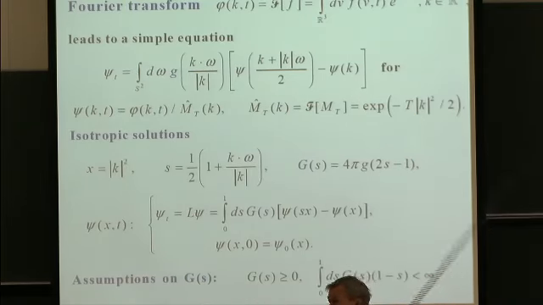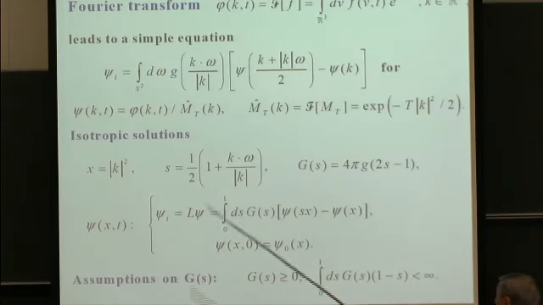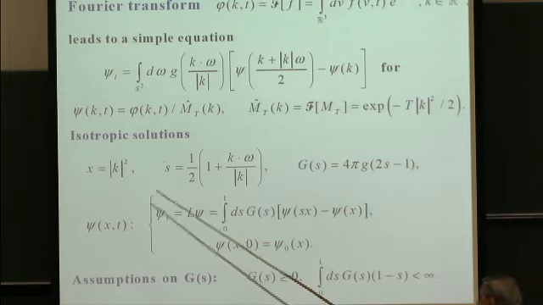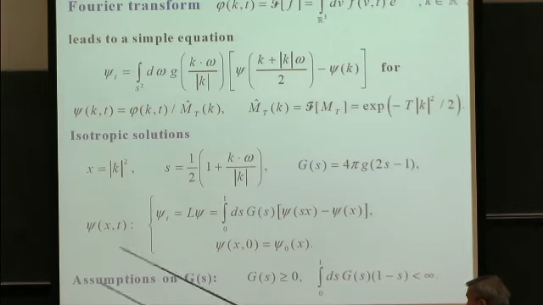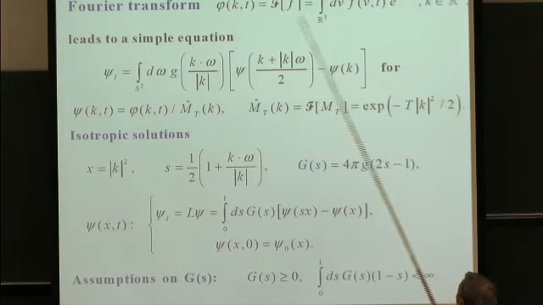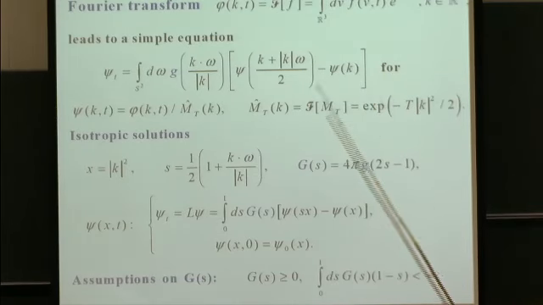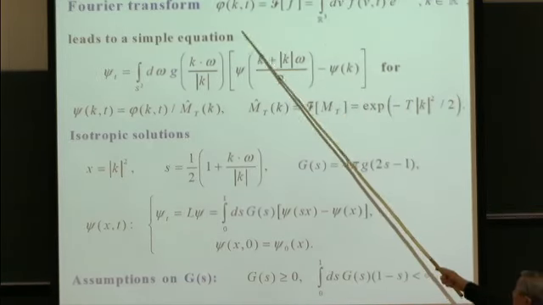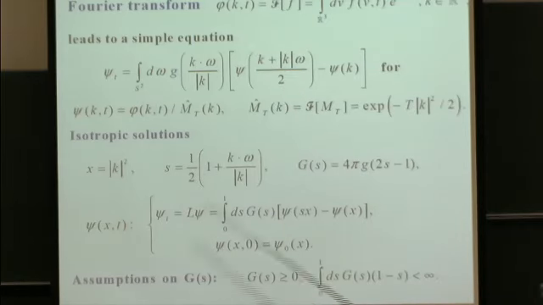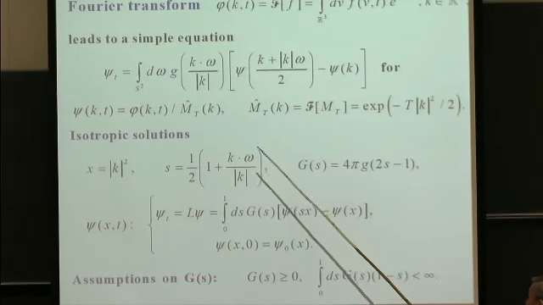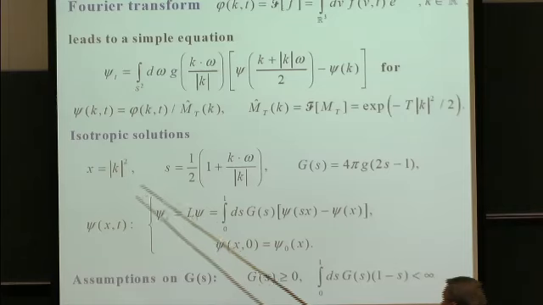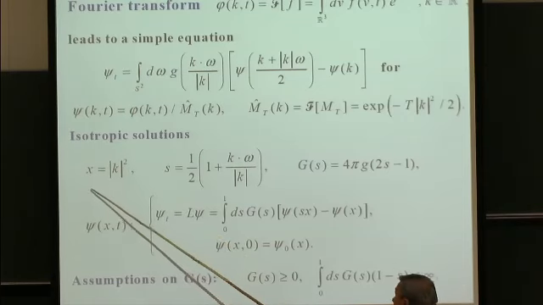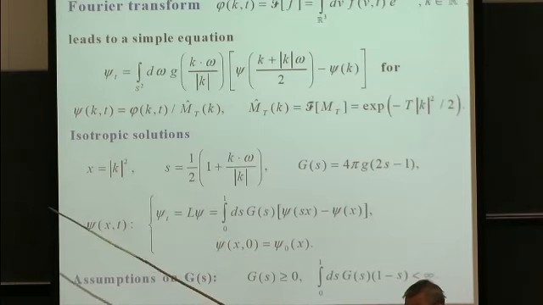Moreover, I will not need a general solution. It is possible to easily construct a general solution, but I will need just isotropic solutions of this equation. Isotropic means that my function f depends only on modulus v, so psi also depends only on modulus k, and I denote x equals modulus k squared.